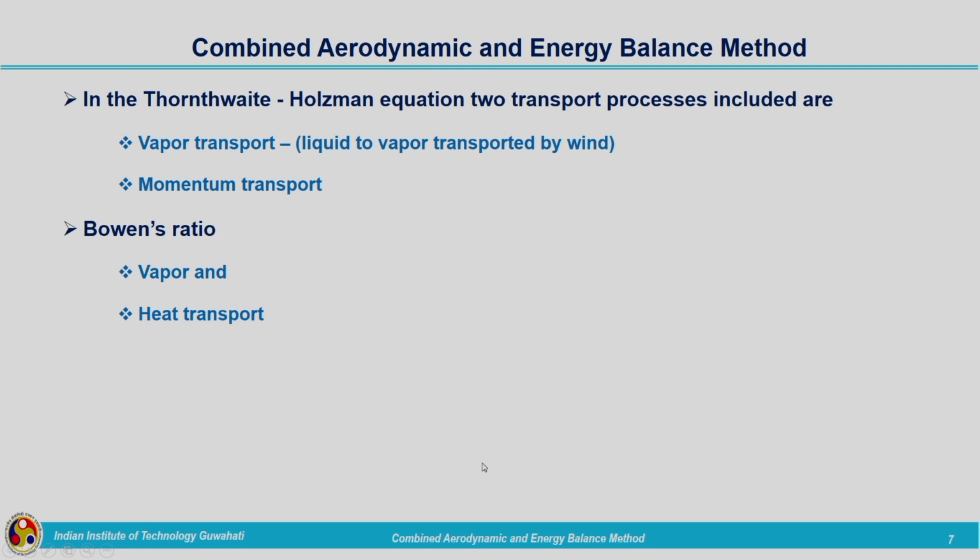So we can write the vapor transport mv dot as minus rho a Kw dQv by dz, and the sensible heat Hs, which is due to the process of convection, as minus rho a Cp Kh dT by dz.